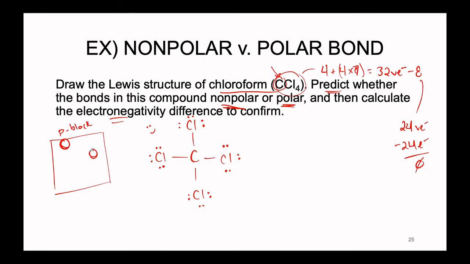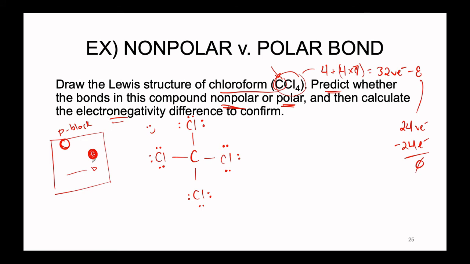Well, first and foremost, let's predict which of these two is going to have a higher effective nuclear charge. As we saw back in chapter 4, the effective nuclear charge increases as we move from left to right on the periodic table, meaning that chlorine is going to have the higher effective nuclear charge.